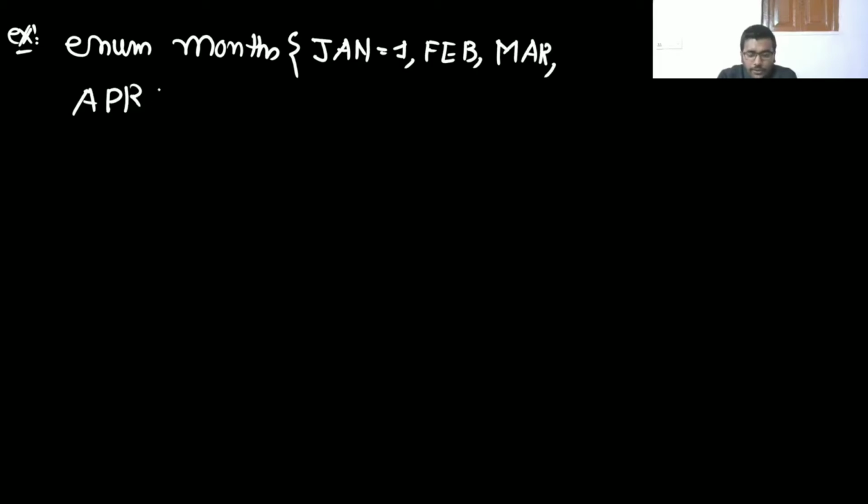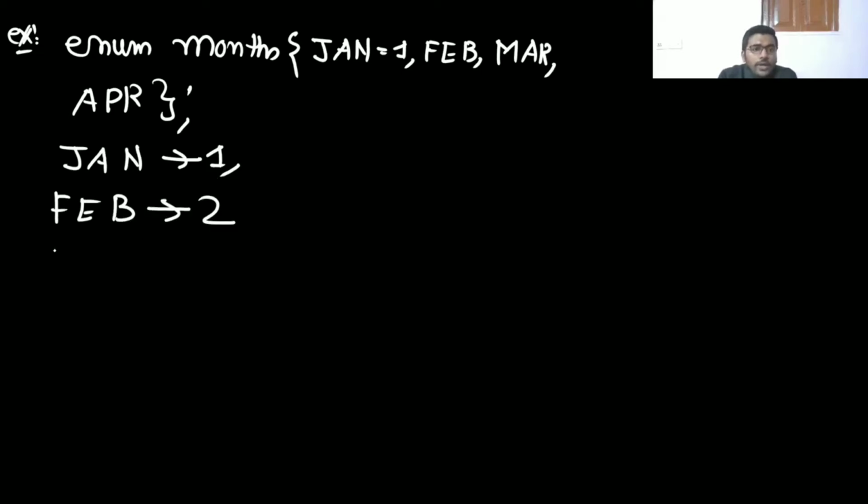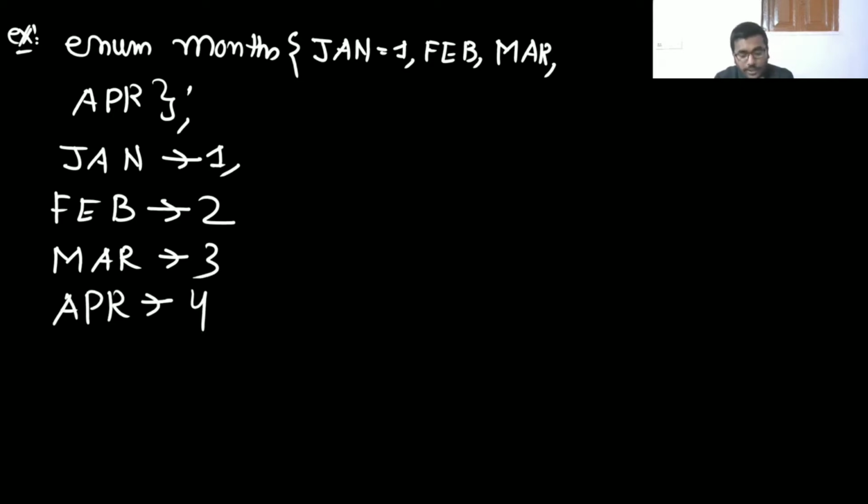So Jan is going to be 1, Feb is going to be 2, March is going to be 3, then April is going to be 4. It will keep on incrementing by 1.